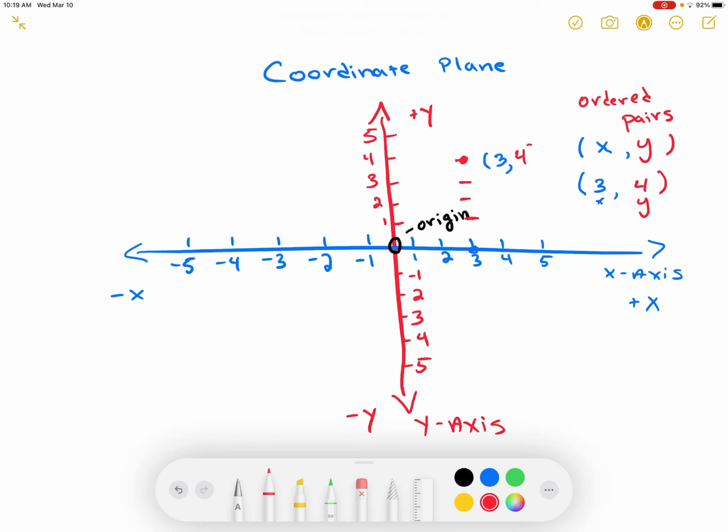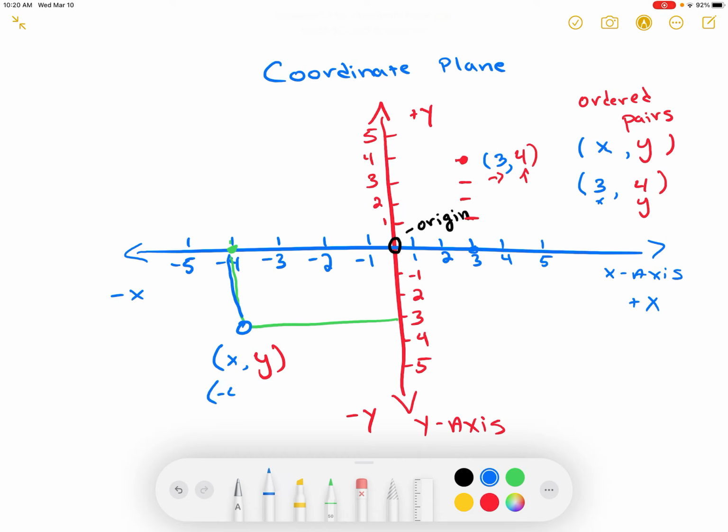And that's the point. Now let's say I had another point over here, right? If I had the point -4, and then I went down, -3, the way we would say this point right here is the x value first, then the y value.